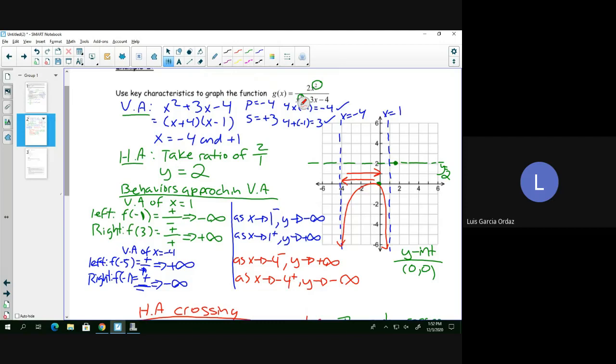So based off our behaviors approaching the vertical asymptote, as the graph approaches 1 from the right, as we go from the positive infinities all the way to our vertical asymptote of 1, the y values keep getting bigger. So if we approach from the right, our y values get bigger. Does that make sense?